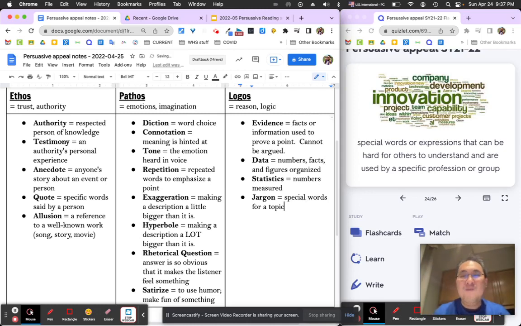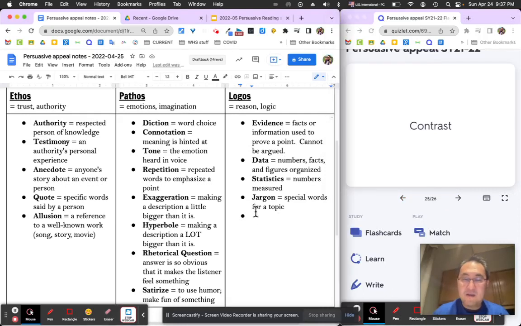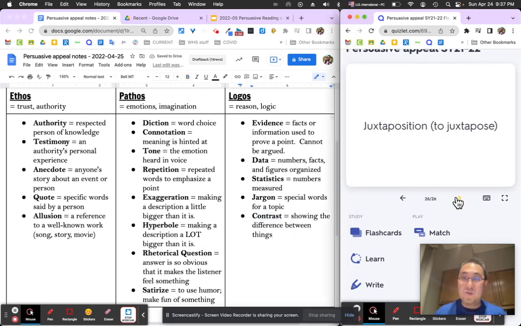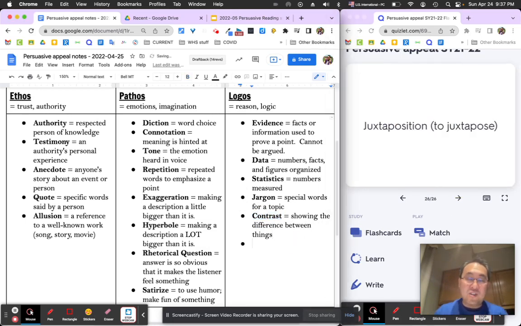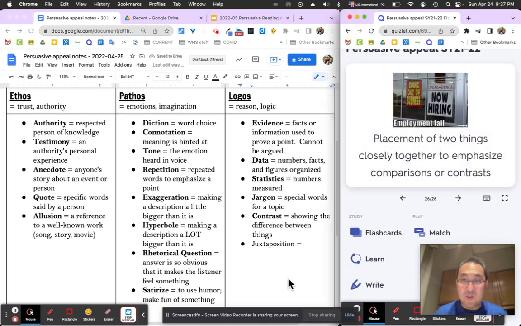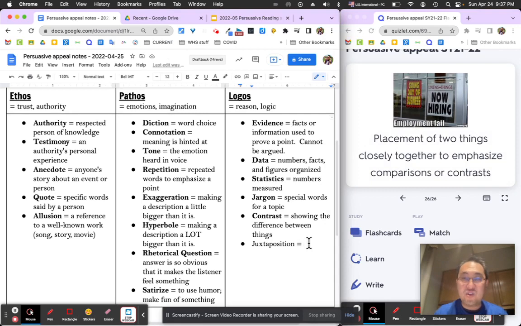Those are all jargon. And then we've got contrast. So contrast is just showing difference. And juxtapose is contrasting, but maybe you might not even talk about what the contrast is. We're just going to put the two things next to each other to emphasize the contrasts.